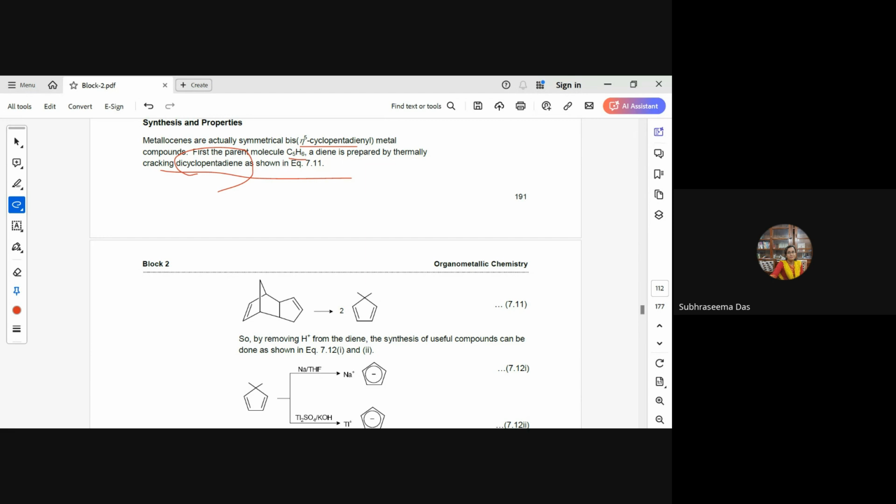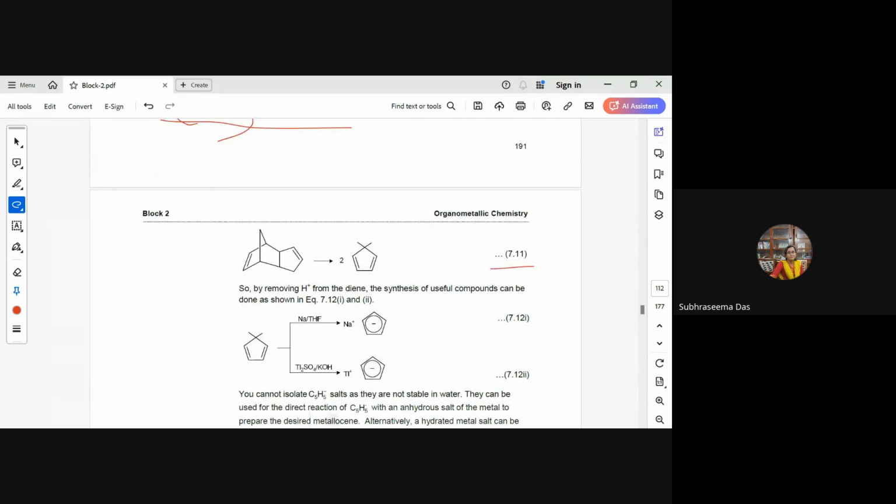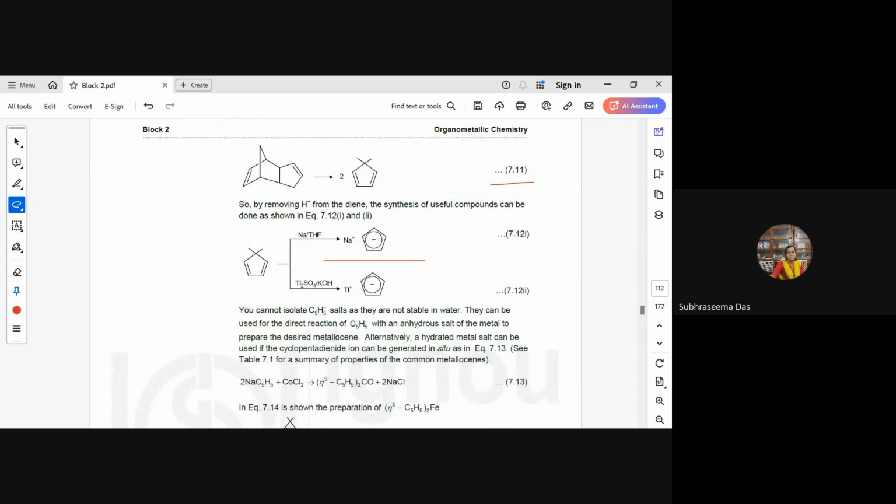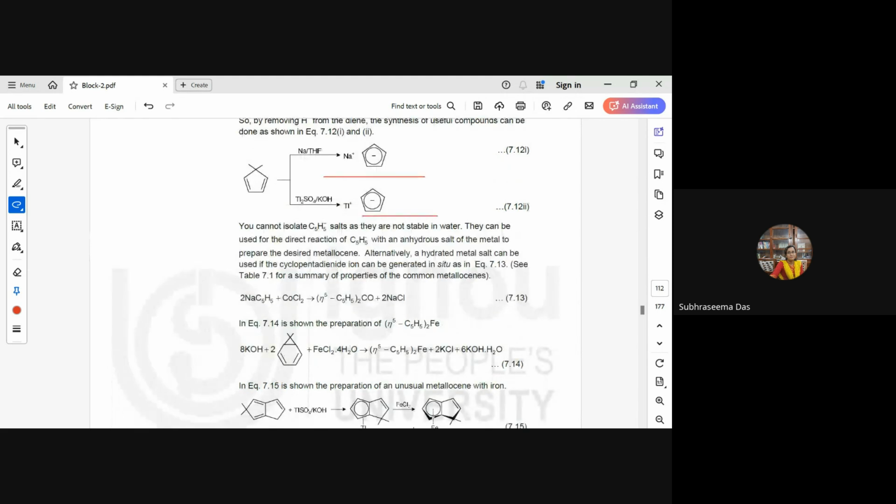Here, thermal cracking is done as shown in equation 7.11. Then the synthesis follows by removing H plus from the diene. The removal of H plus is done either with sodium in THF or with Tl2SO4 in KOH. Finally the anion is obtained.